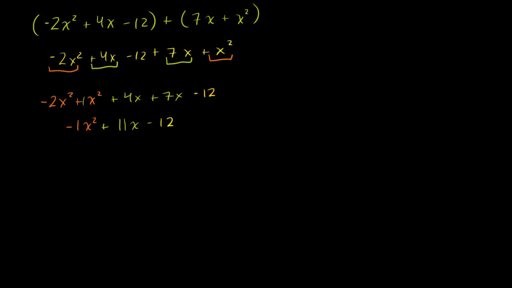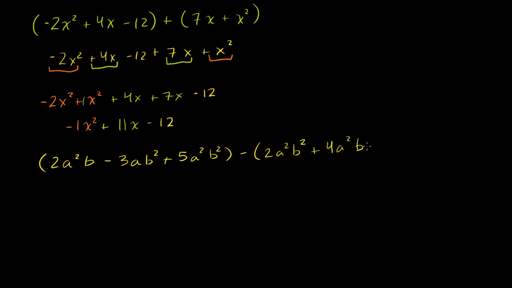Now let me do a complicated example. So let's say I have 2a squared b minus 3ab squared plus 5a squared b squared minus 2a squared b squared plus 4a squared b minus 5b squared.